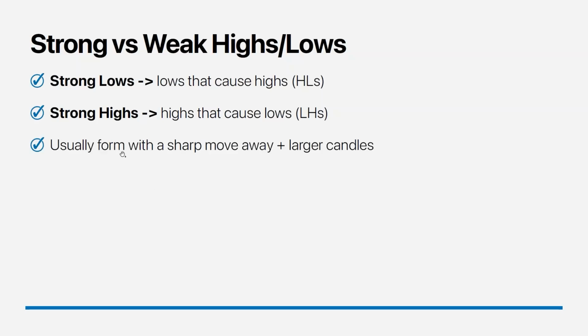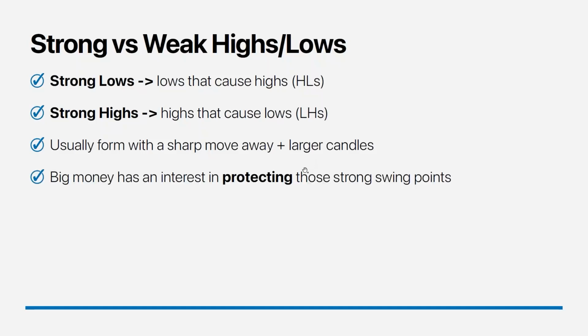Okay, now when we form a sharp move away, or what we call a momentum move, where we have a large candle, whatever time frame you're looking at, oftentimes that also tells you that big money has an interest and those are significant swing points. So sometimes you see in the market, we make a move slowly to the upside, and then suddenly we see a big move coming down.